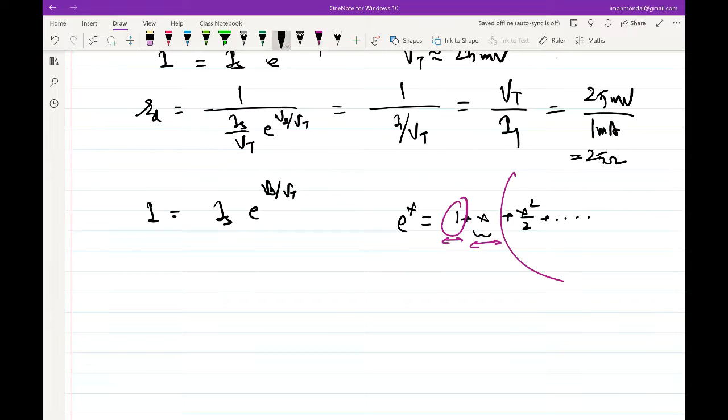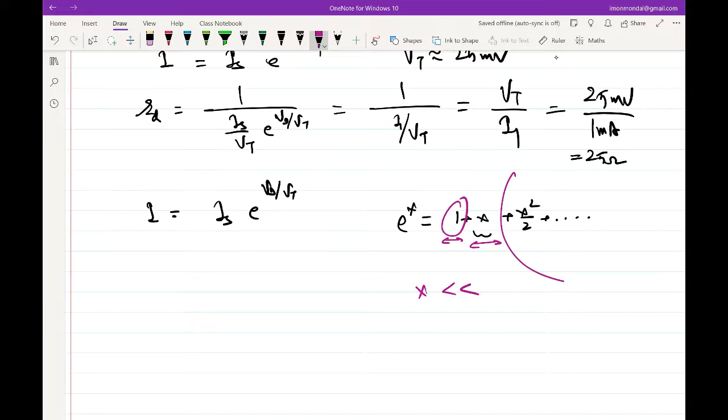We have to neglect all these terms with respect to the first derivative. So this will be valid as long as x is much greater than x squared by 2. There is an x squared by 2, right? What is the derivative of e power x? Yes, fine.